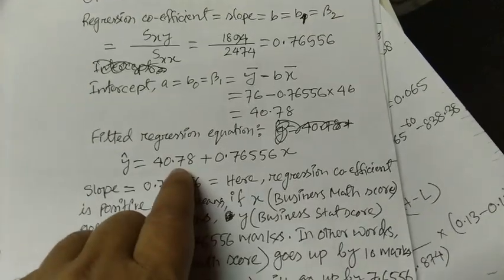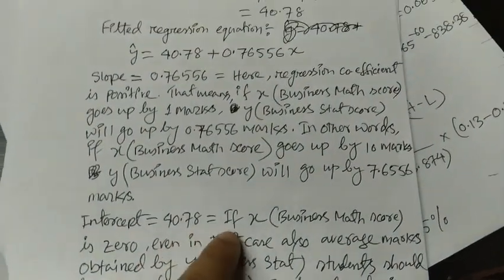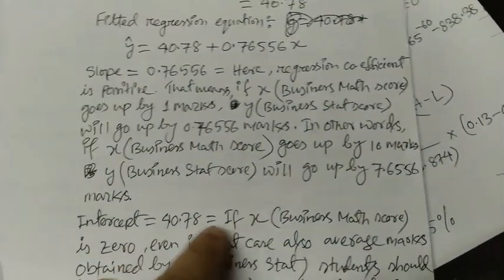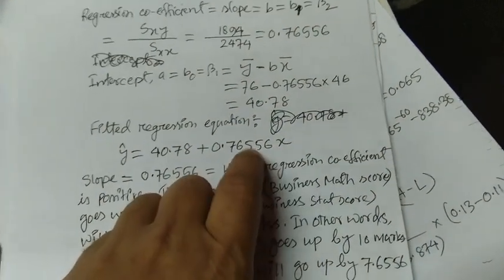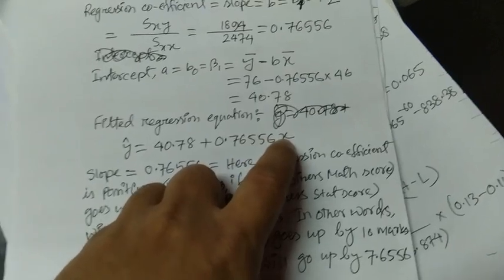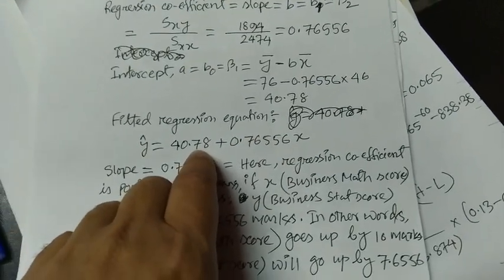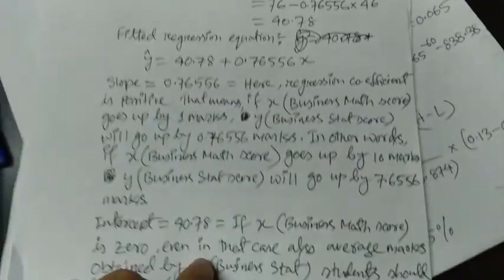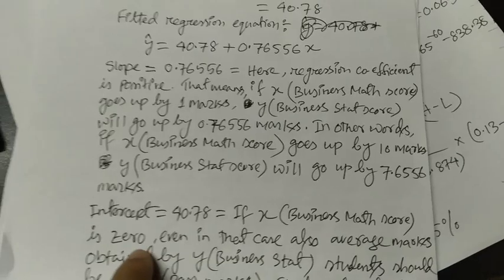The intercept is 40.78, which means if the value of X is 0, then this term multiplied by X is 0, and you will get 40.78. That means you get the value of the intercept when X is 0.